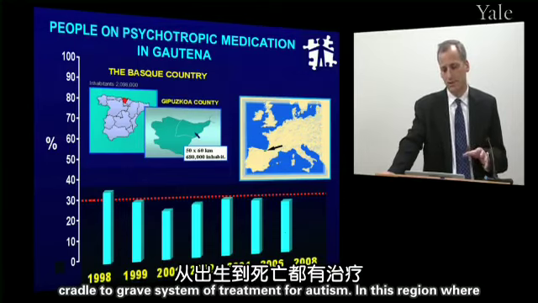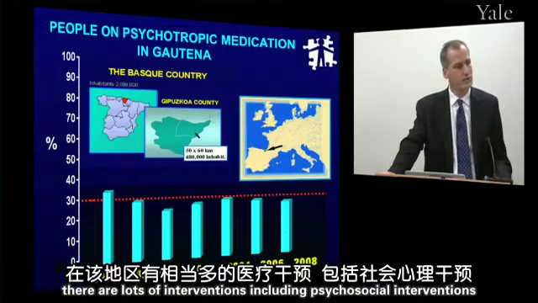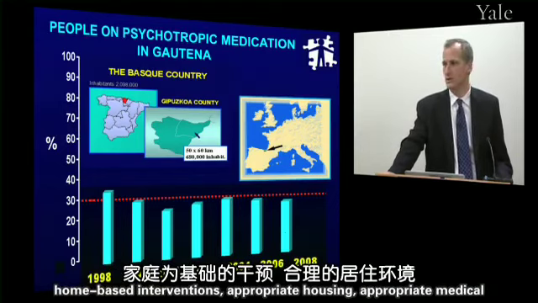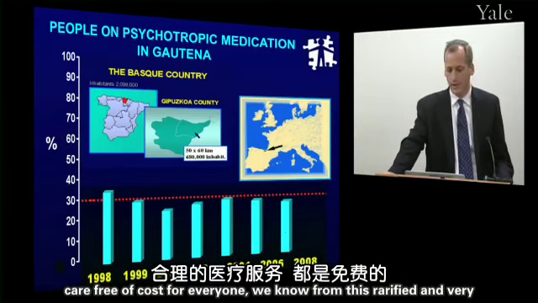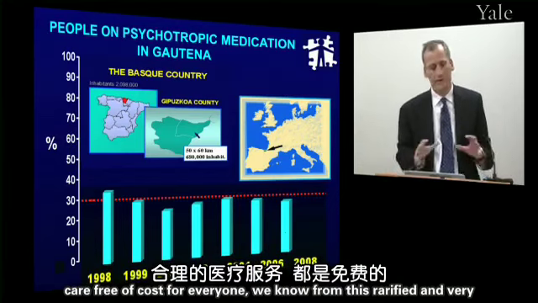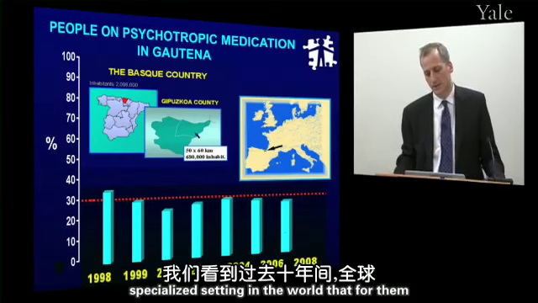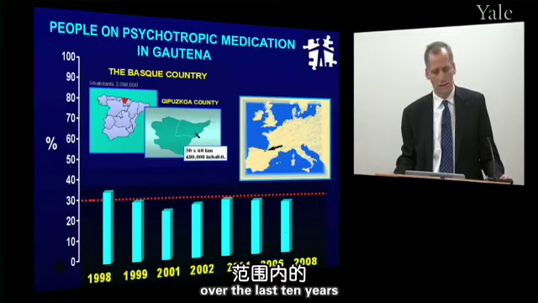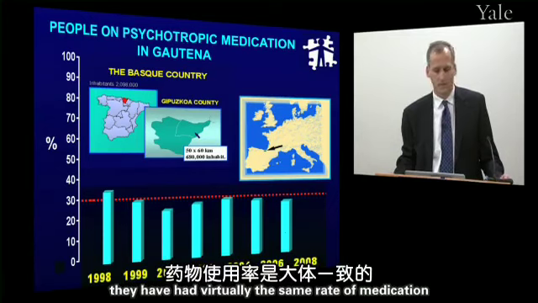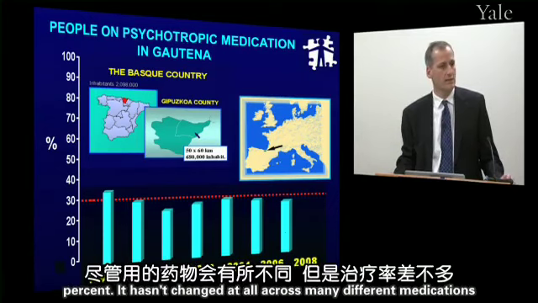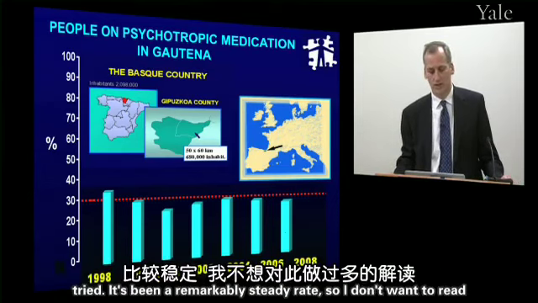And in this region, where there are lots of interventions, including psychosocial interventions, home-based interventions, appropriate housing, appropriate medical care free of cost for everyone, we know from this rarefied and very specialized setting in the world that over the last 10 years, they have had virtually the same rate of medication use, which is 30%. And it hasn't changed at all across many different medications tried. It's been a remarkably steady rate.